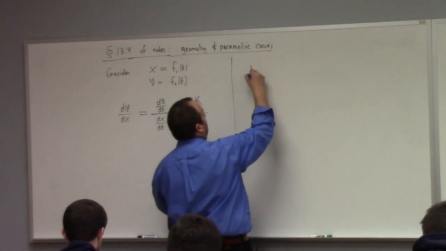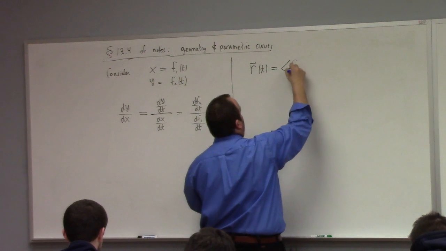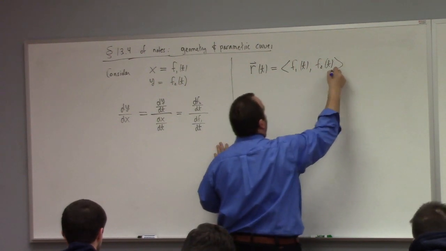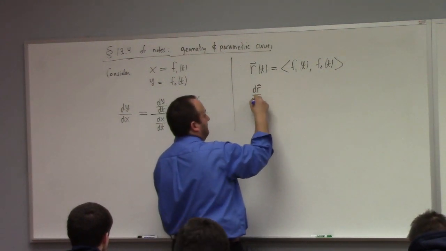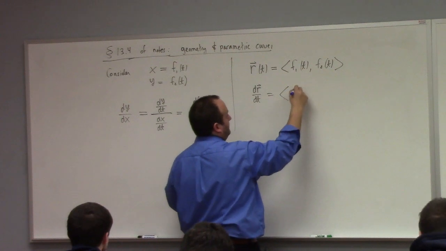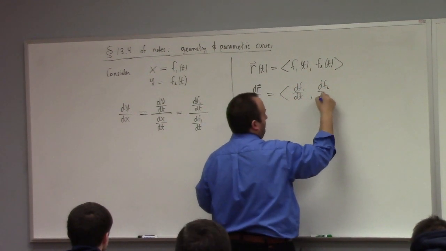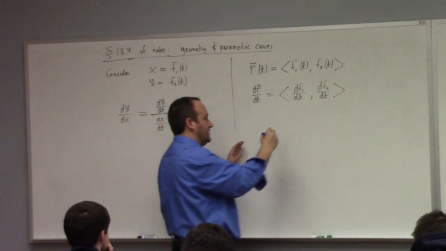If we have our vector parameterization, r of t, is f1 of t, f2 of t, right? And we calculate dr dt, what does that give us? It gives us this, right? If we were to picture this, what does it look like?